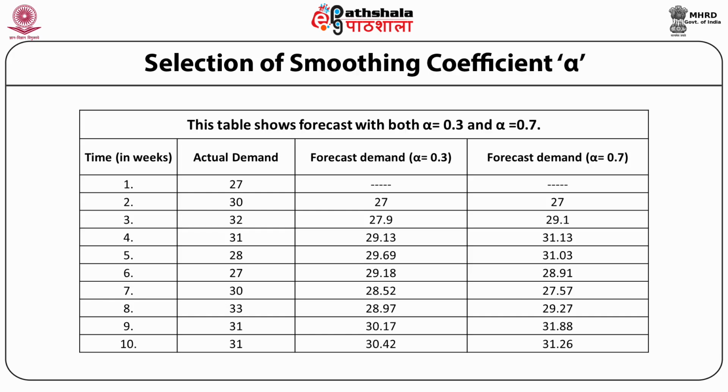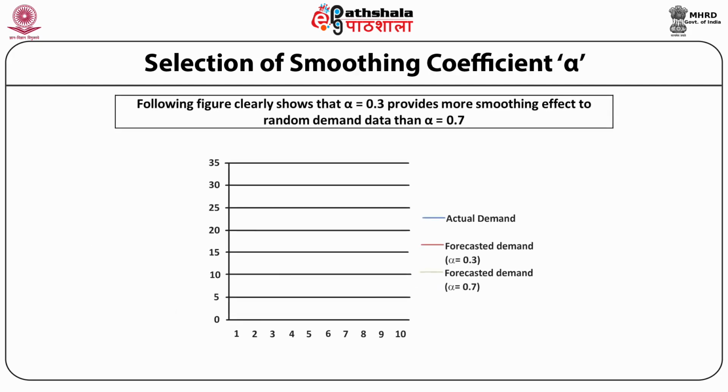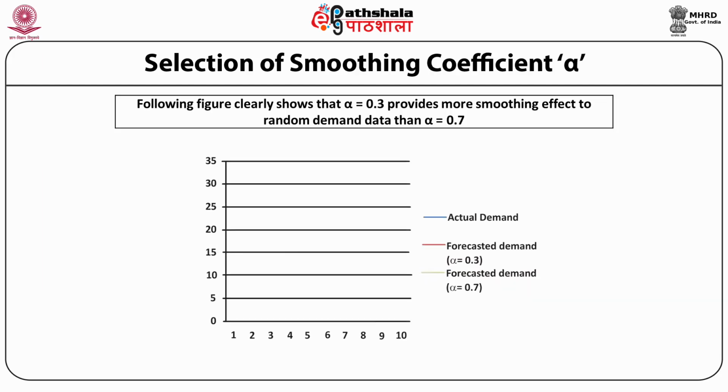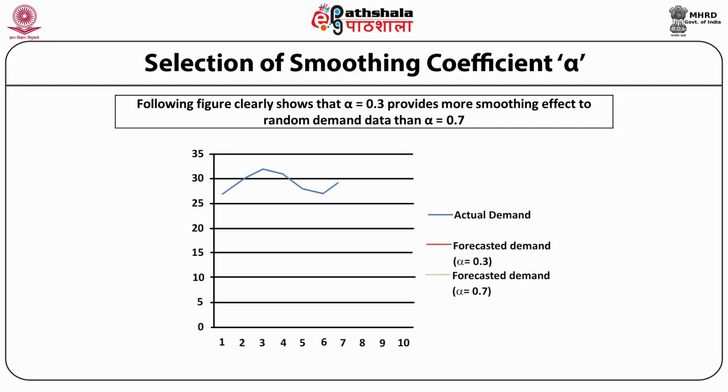This was illustrated pictorially by using a graphical representation. The slide clearly shows that with alpha 0.3, more smoothing effect is provided to the random data than with alpha as 70%. The line with alpha 0.3 is much smoother as compared to the line with alpha 0.7.